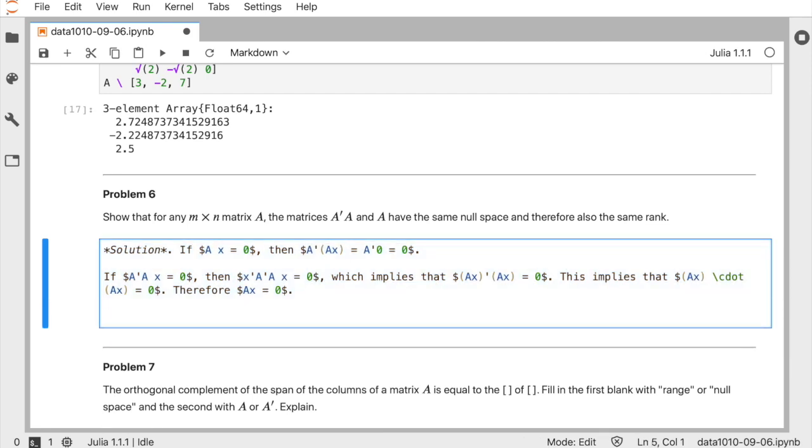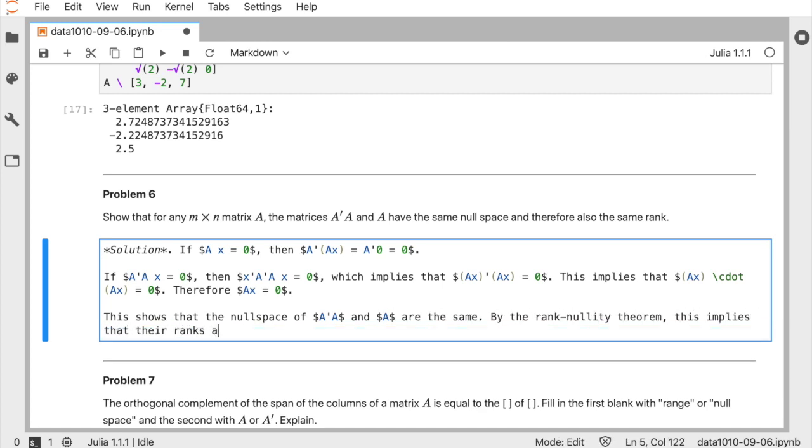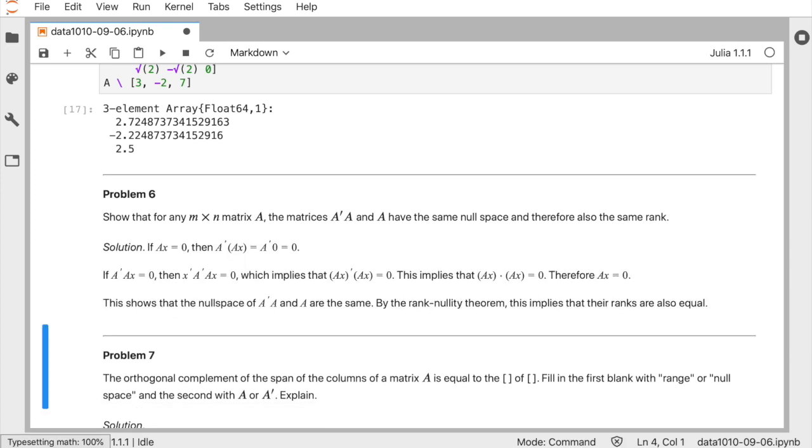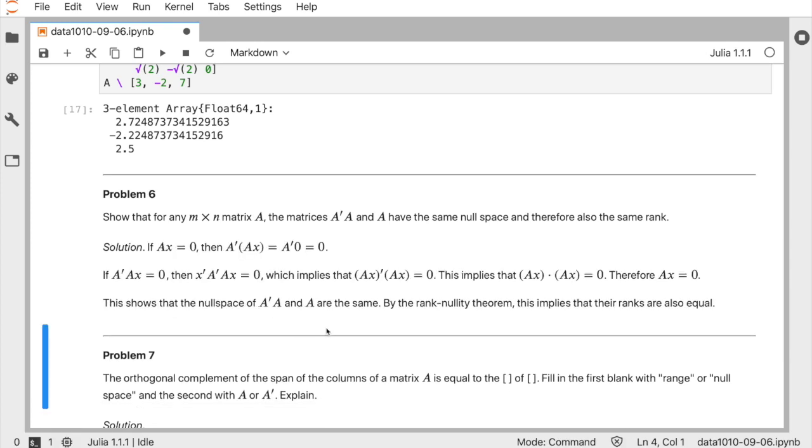And since the rank nullity theorem says that the rank plus the nullity is equal to the dimension of the domain, that means that their ranks are also equal, since A transpose A and A both have the same domain.